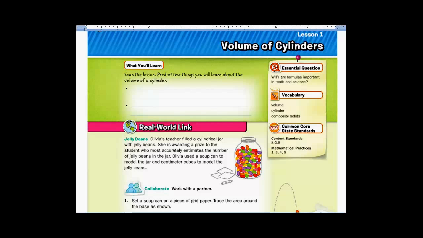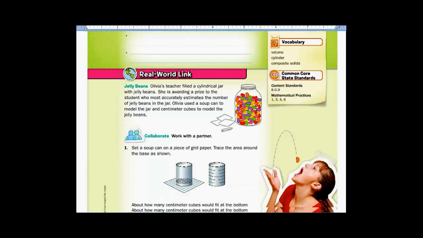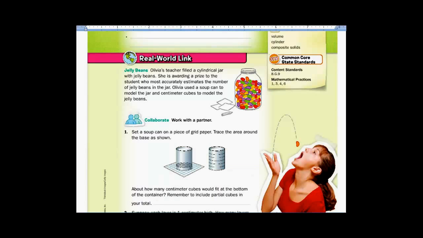Now you're not going to say, wait a minute, let me get my grid paper, let me trace the bottom. No, but anytime I have to do it, I will hold the jar up, look to see how many form a layer at the bottom, and then guesstimate, which means estimate with a guess, how many layers that thick are in the jar.